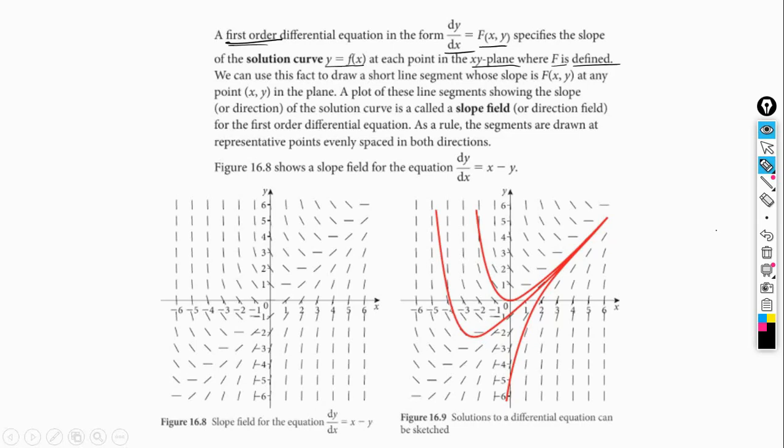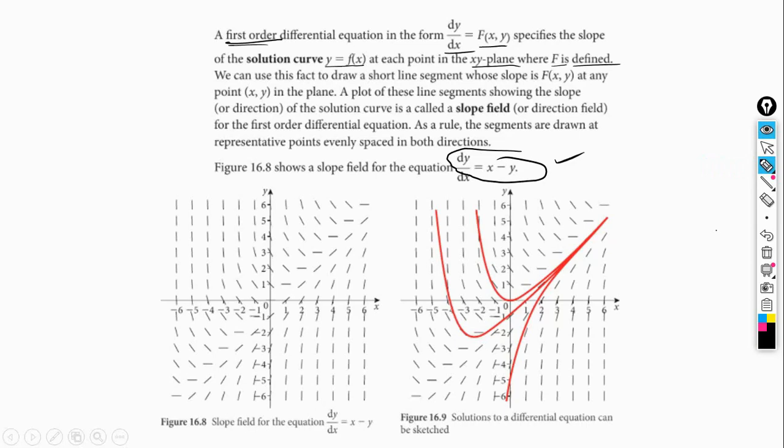And basically what they're saying here is that if you have, for instance, a slope field for this equation, dy/dx equals x minus y, each one of these lines represents the slope of the original function, of the antiderivative, at each one of these points, right? Because this represents the derivative.